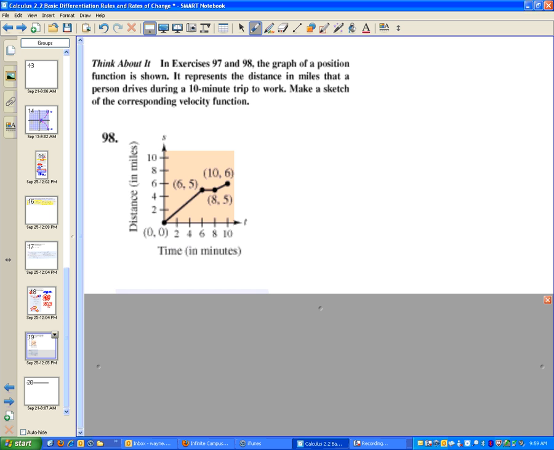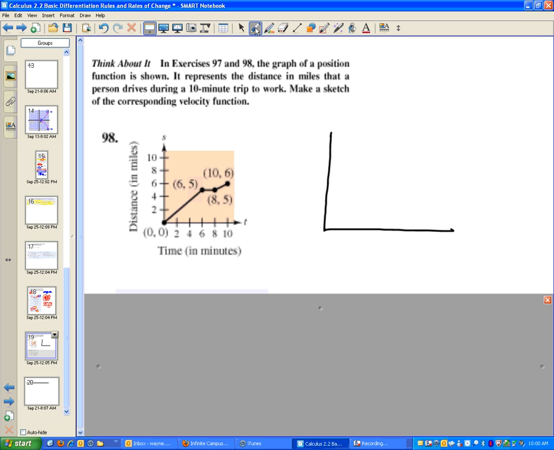In exercises 97 and 98, the graph of a position function is shown. It represents the distance in miles that a person drives during a 10-minute trip to work. Make a sketch of the corresponding velocity function. All right, so there's where I'm going to sketch my velocity function.